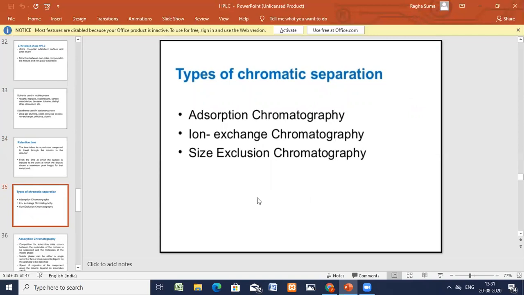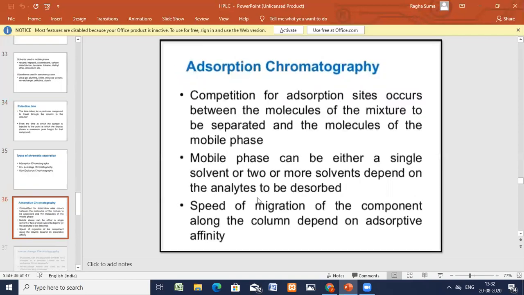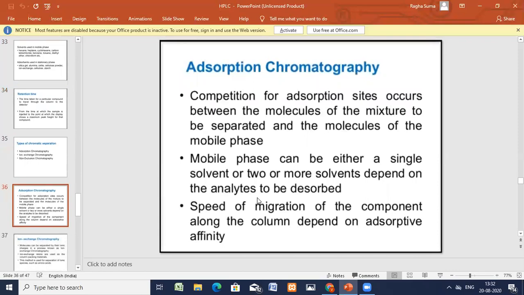Now, as I have explained, different separations can be done in HPLC. Adsorption, ion exchange, and size exclusion can be done. Competition for the adsorption sites occurs between the molecules of the mixture to be separated and the molecules of the mobile phase.